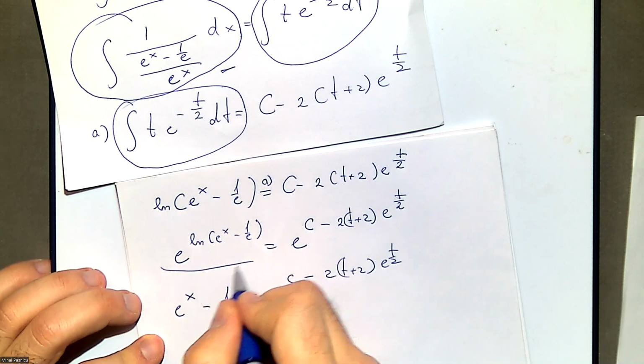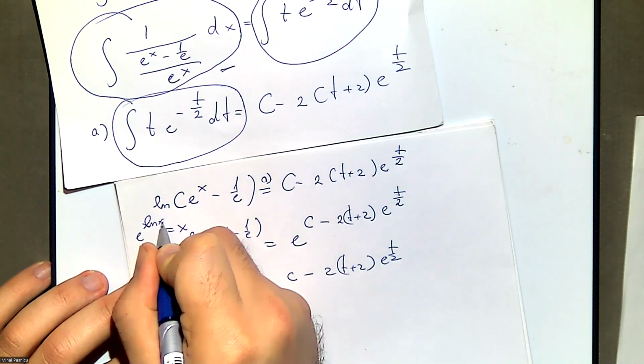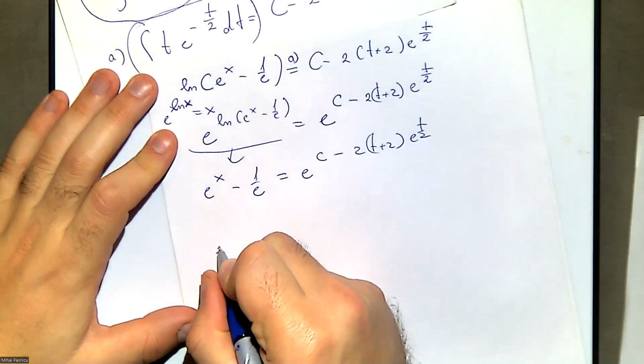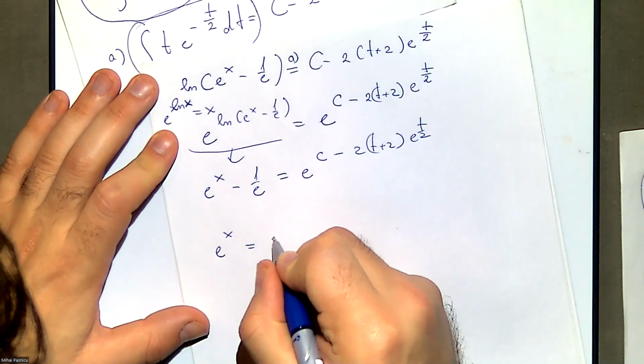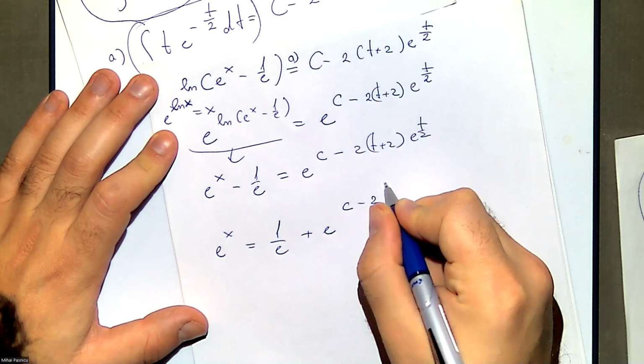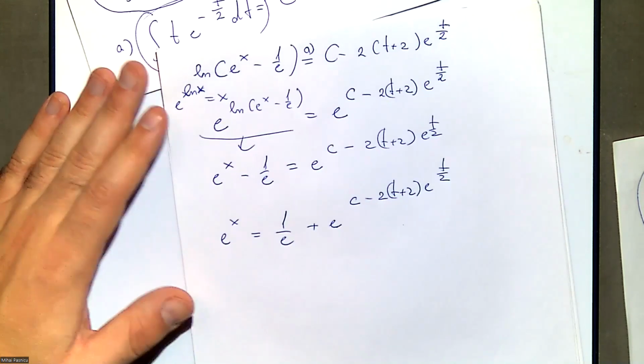Again, the formula that I use here is e to the ln of x is equal to x. And e^x is equal to 1/e plus e to this ugly thing, which I'm not touching just because I have no interest in making it look nicer.